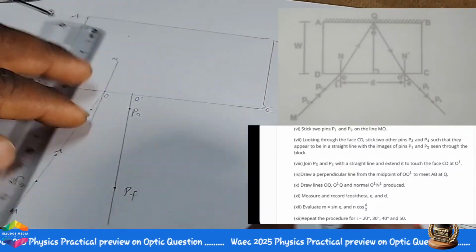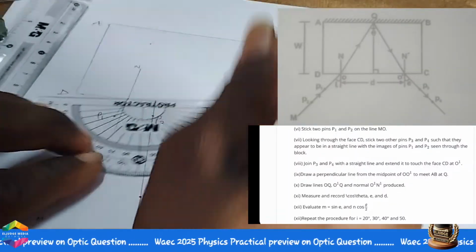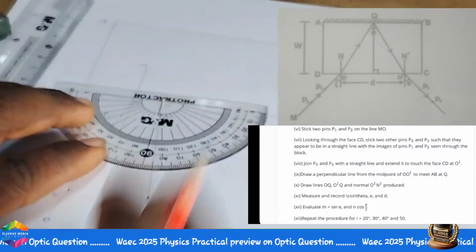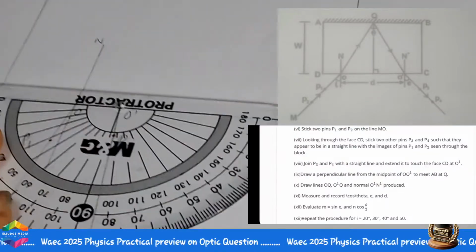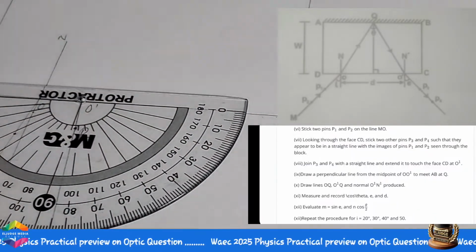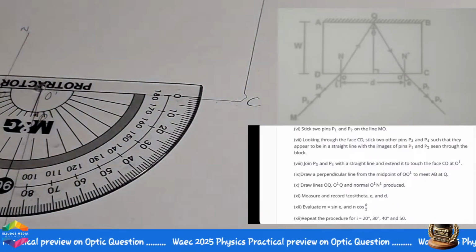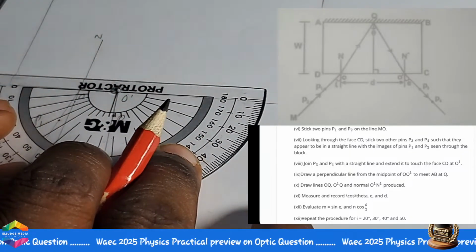You need to draw the normal to this. So find the angle 90 of this point.